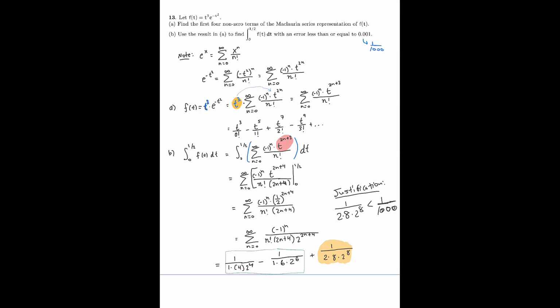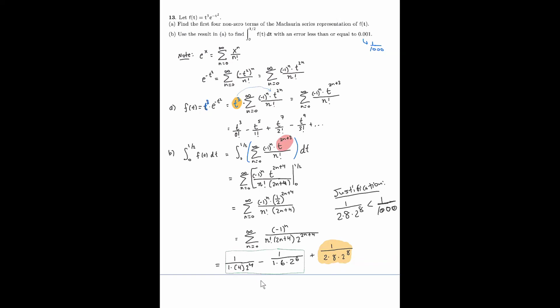So the series alternates right now, right? So we plug in values until we get a term that is less than 1/1000. We take the terms before that. I highlighted this because this guy is less than 1/1000.